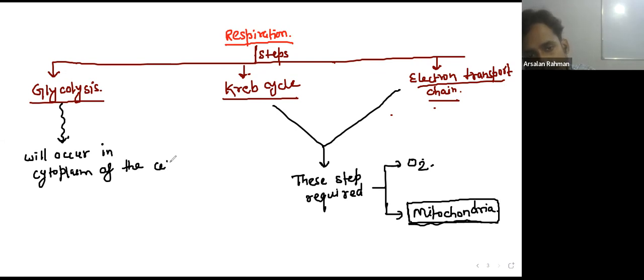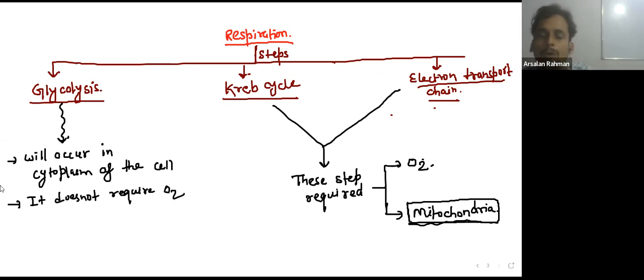It does not require oxygen. Let me tell you one thing before getting into details. We can divide respiration into two parts.